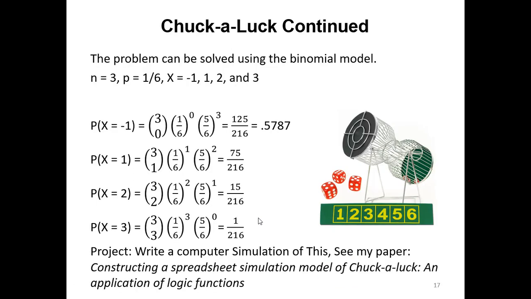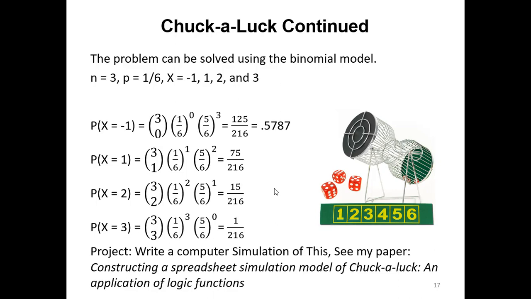So here's an example of the probability distribution for this. Okay, we could work all of these numbers out. We get the probability distribution. It's an interesting game where we could use many of the ideas that we see in this chapter. But I mention it because it's an interesting project for students to write a computer simulation of this.